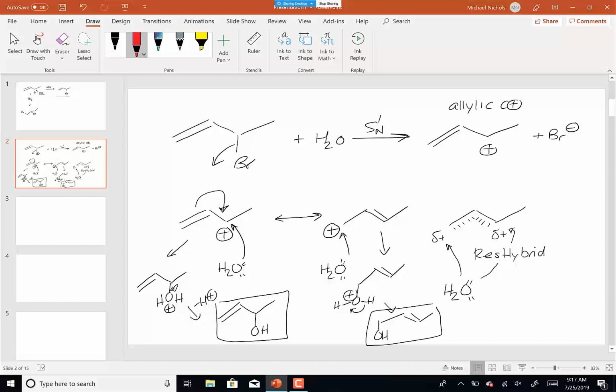We'll call this A, and we'll call this B. Now we're going to have a little sense of deja vu from yesterday, because yesterday we made two products and I said make an argument for the one and then make an argument for the other. I'm going to do the same thing here. Which one of these is the major product? Somebody make an argument for A and somebody make an argument for B.